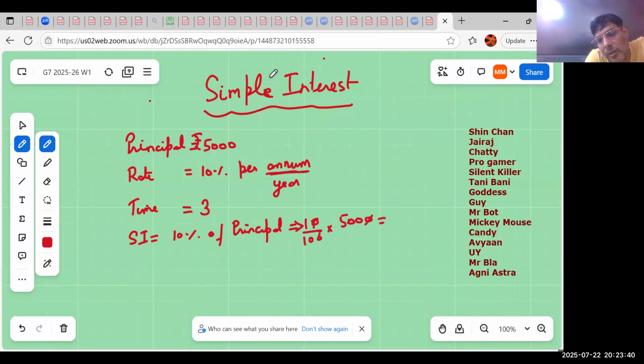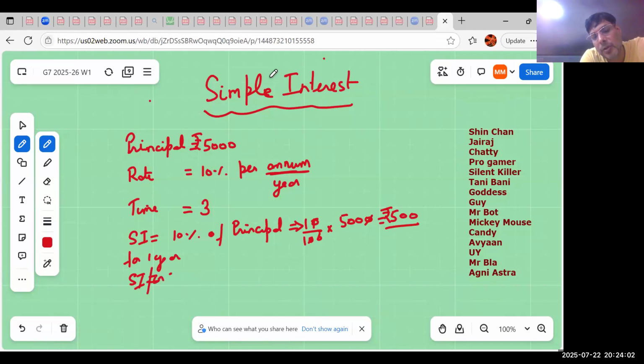That is equal to 500 rupees. So that is the simple interest for 1 year. But simple interest always remains the same. That's why banks don't use simple interest anymore. They use compound interest. But just for the sake of concept, we are learning.